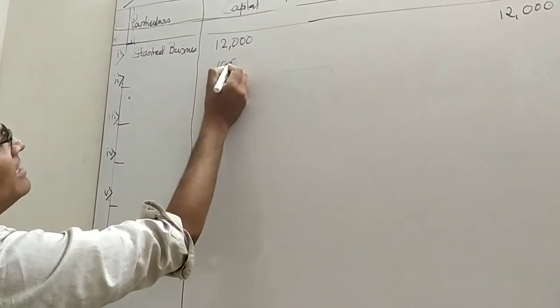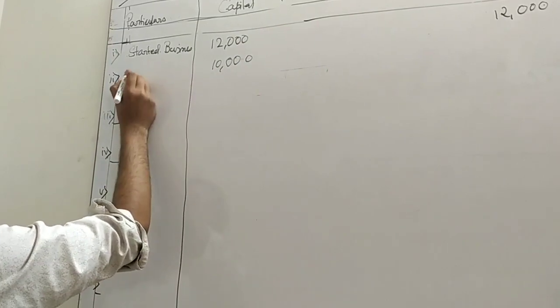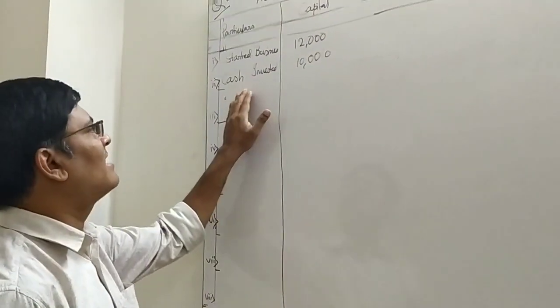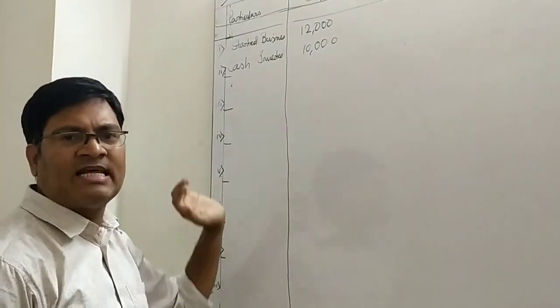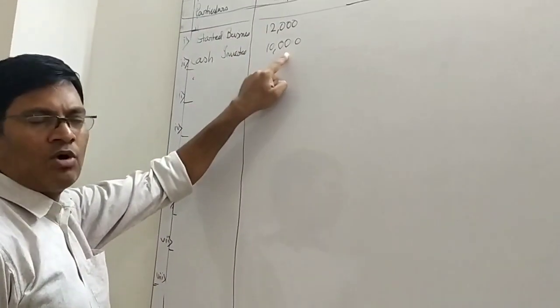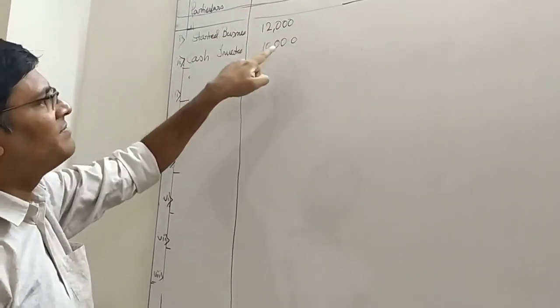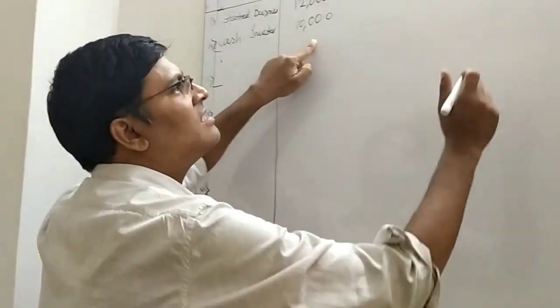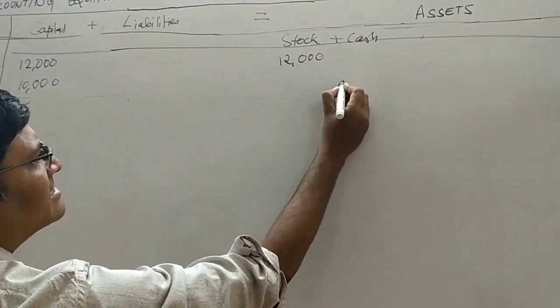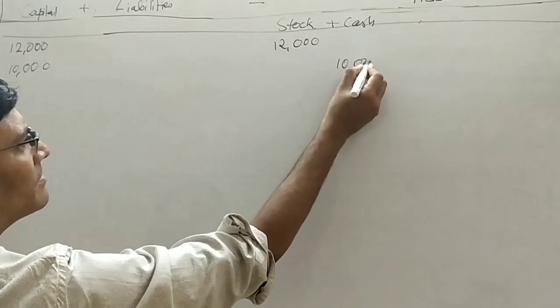It is simply nothing but capital invested. Now the second transaction is cash invested in the business by selling personal computer. We got 10,000 that we have invested in the business, which means our capital has increased and cash has increased in the business by 10,000.